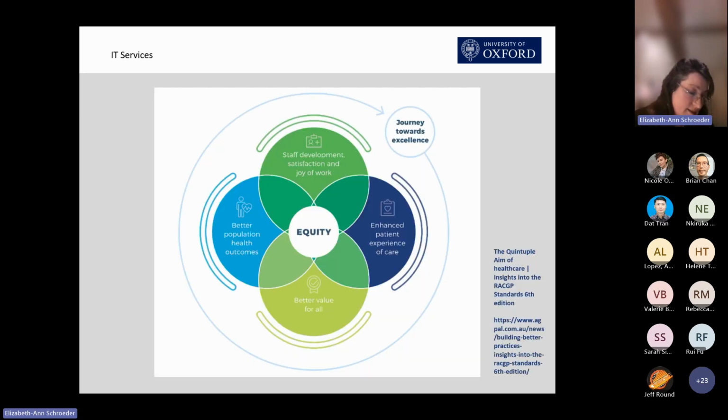And with regards to transforming healthcare towards quintuple aims, digital health innovations, like all goods and services, provide both benefits and risks.